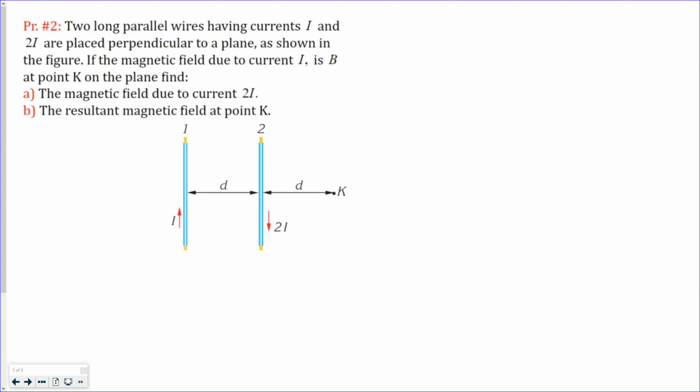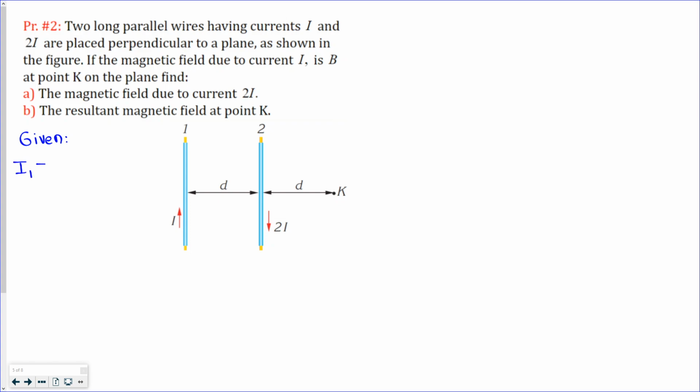Here we have two long parallel wires. So the current from the first wire is I, and from the second wire is 2I. Again, let's write the given here.